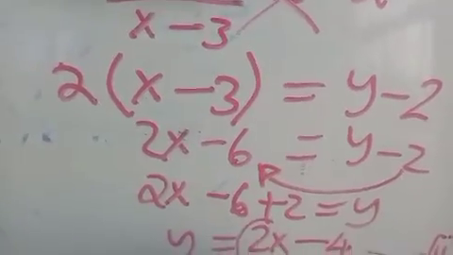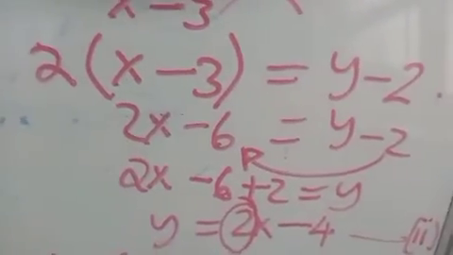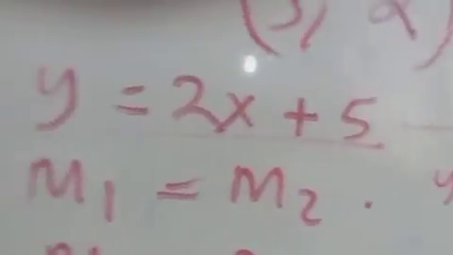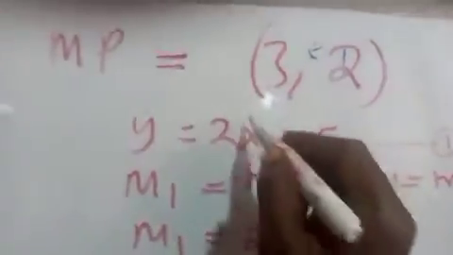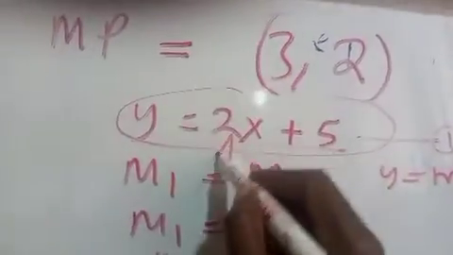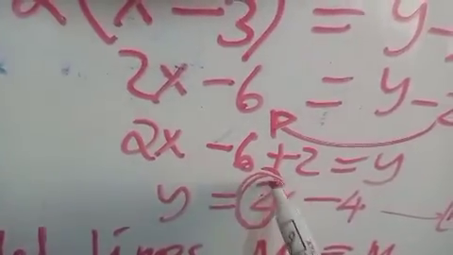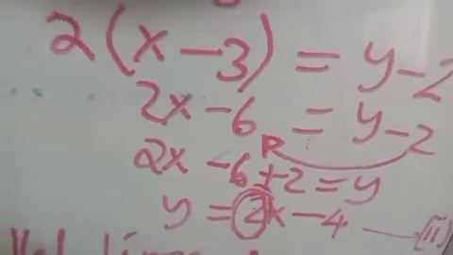The slope of this line is equal to the slope of line 1. This was line 1 and its slope was 2. So this slope is equal to the slope that we got after finding the second equation.